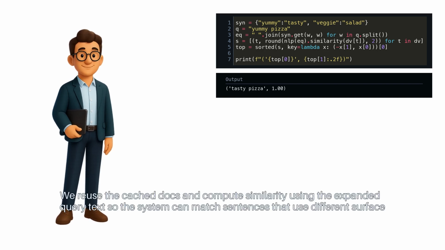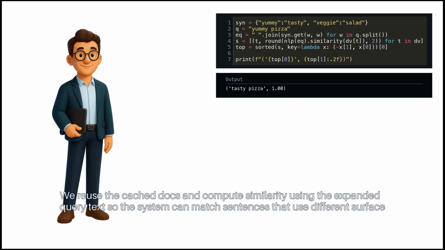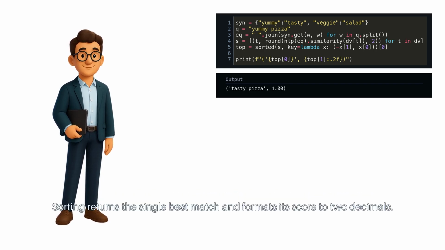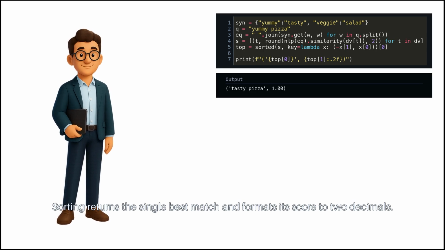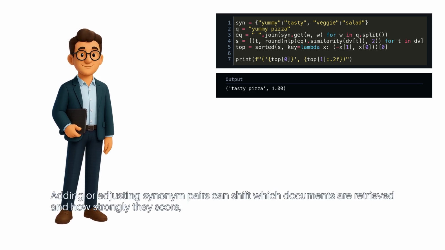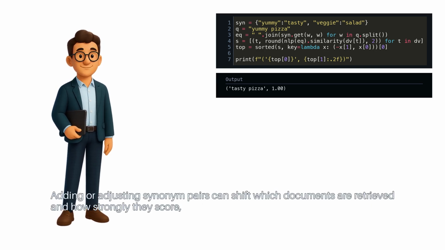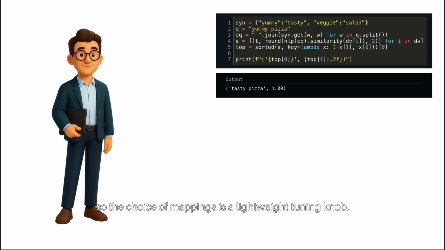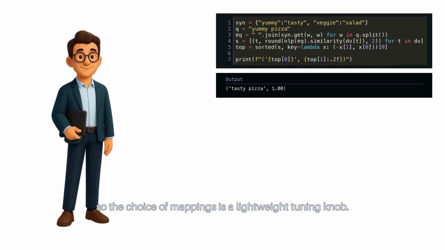We reuse the cache docs and compute similarity using the expanded query text, so the system can match sentences that use different surface words. Sorting returns the single best match and formats its score to 2 decimals. Adding or adjusting synonym pairs can shift which documents are retrieved and how strongly they score, so the choice of mappings is a lightweight tuning knob.